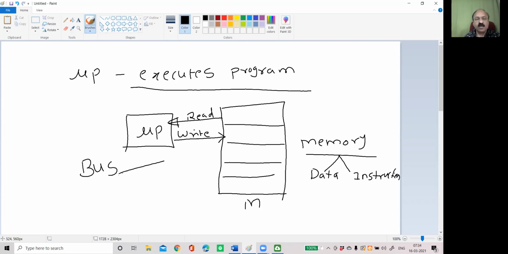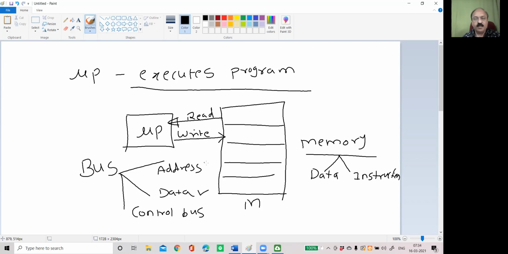And there are a total of three buses. One is address bus. Second is data bus. And third is control bus. Bus is what? Set of wires. So that set of wires which is used to transfer data is data bus.